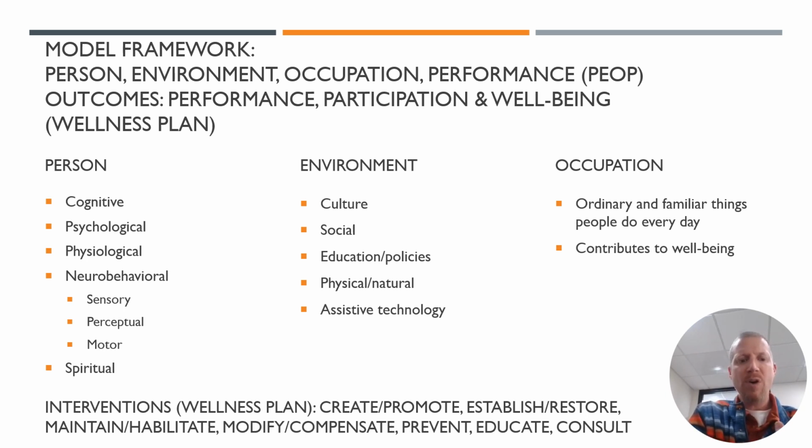Maybe while going through some of the other assessments you start getting some suspicion that there are cognitive issues. That might lead you to choose a more formal cognitive assessment. But then ask yourself, how would that contribute? Is it going to contribute to my wellness plan?